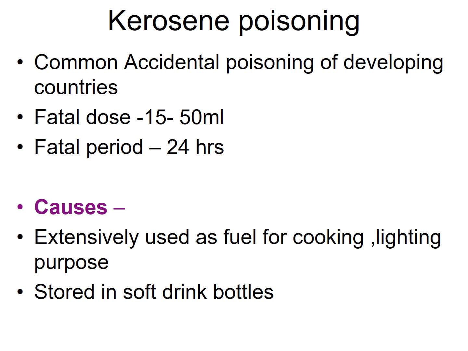The fatal dose of kerosene is 15 to 50 ml, and if aspirated, less than 1 ml is sufficient to cause life-threatening conditions, and the fatal period is 24 hours. So the management should be very fast, within 24 hours, otherwise it is fatal.